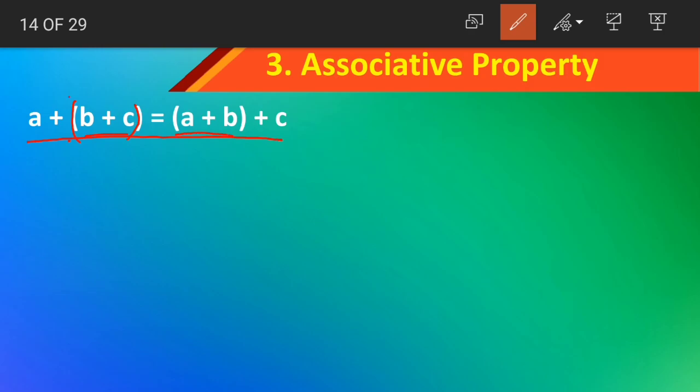Are you seeing here? The grouping is changed. First b plus c was a group, now a plus b is a group. Now what we have to prove is that even though the grouping is changed, the answer is same. Let us take the example of a is equal to 2, b is equal to 3, c is equal to minus 1. Okay class? Okay.